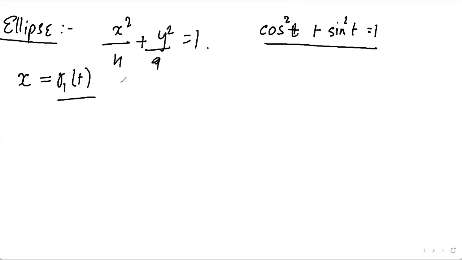So x can be defined as 2 cos t, and similarly y can be defined as 3 sine t.